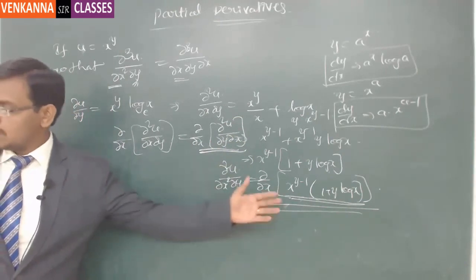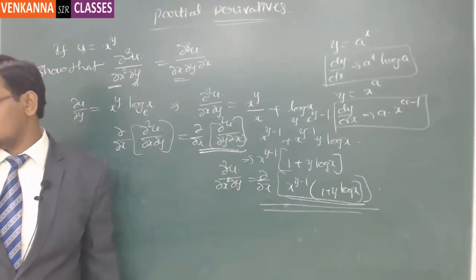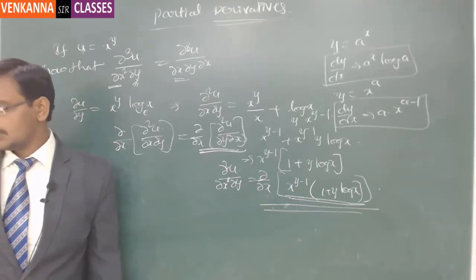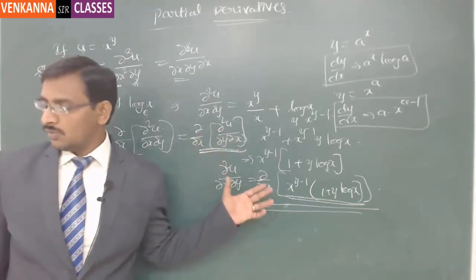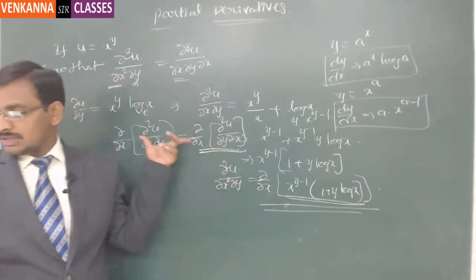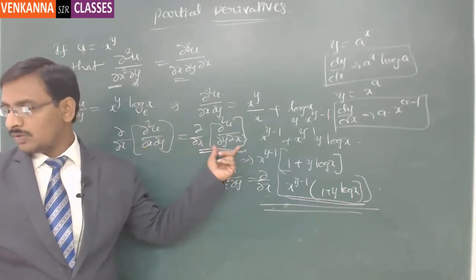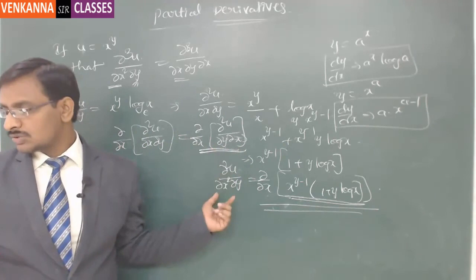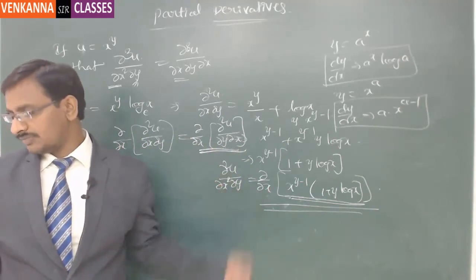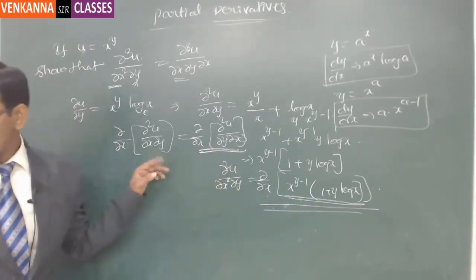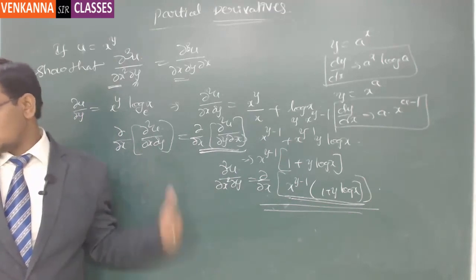If you want to do it, you can still do that and prove it. That's not a big deal. So rather than doing all those things, we are stopping here itself, because there is an equivalence of whatever is there inside. So we found one part, that is dou square u by dou x dou y. Got it? Now dou square u by dou y dou x we are going to do.